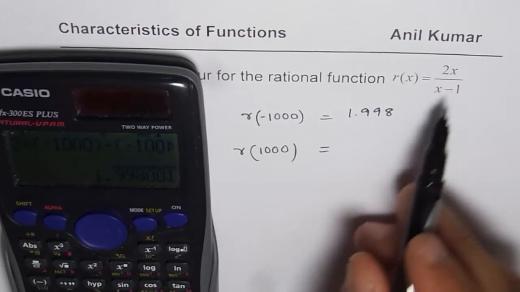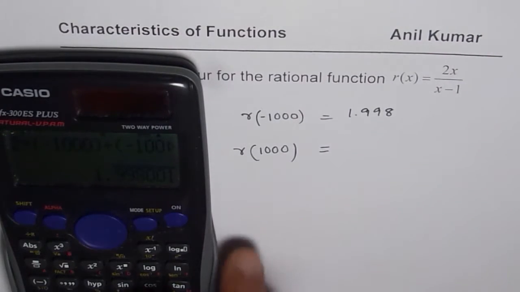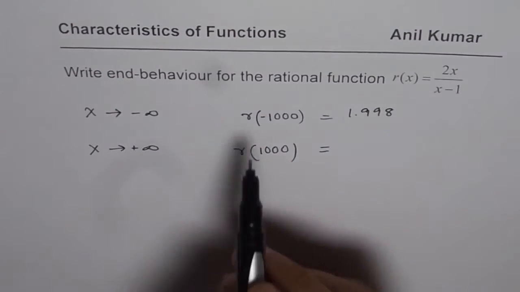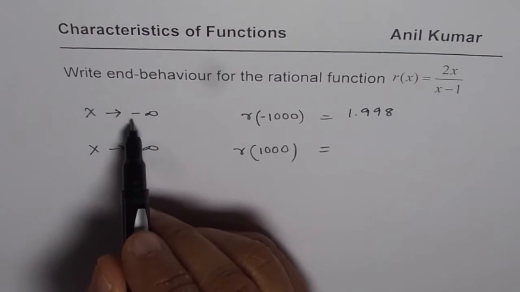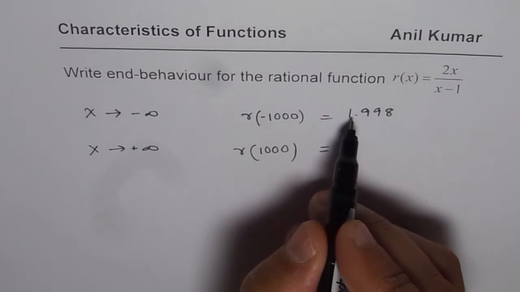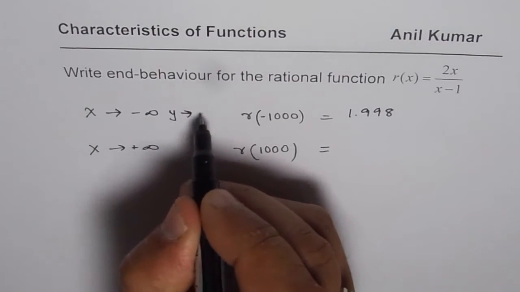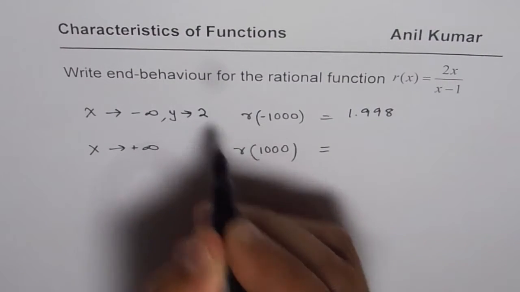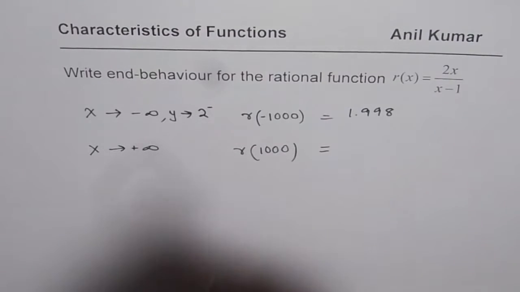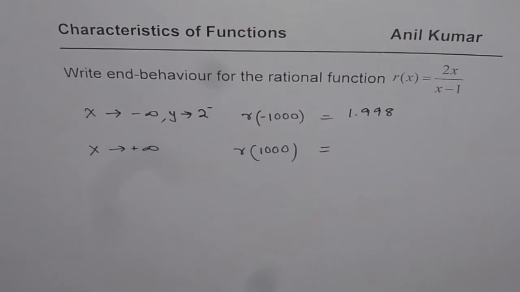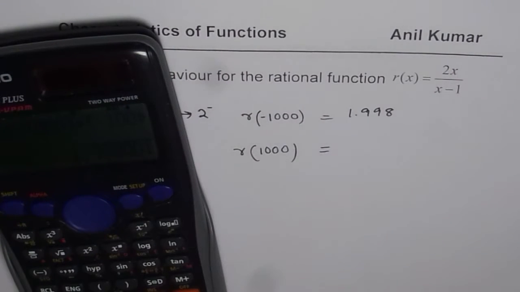Now let's substitute 1000 and then calculate, right? So we get the end behavior for negative x value, negative infinity. We can write this as y approaches 2. We can say from the negative side, from the lower part, but it is approaching the value 2, right? Okay. Now let me substitute 1000 here. So it becomes 2 times 1000 divided by within bracket 1000 minus 1.